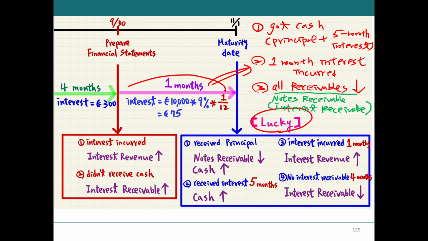All receivables decrease because they don't owe you money anymore, and you got the cash. Also, 1 month passed, interest incurred.